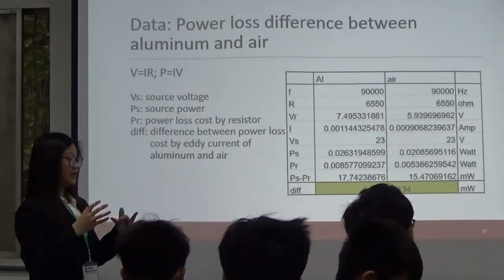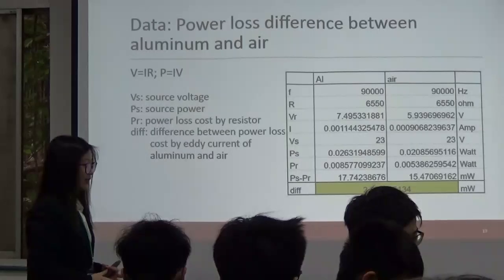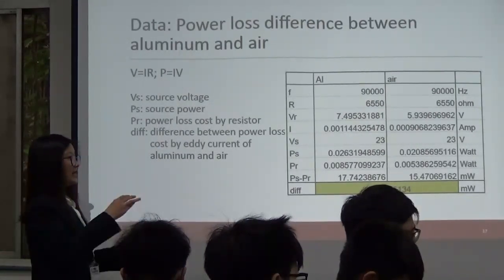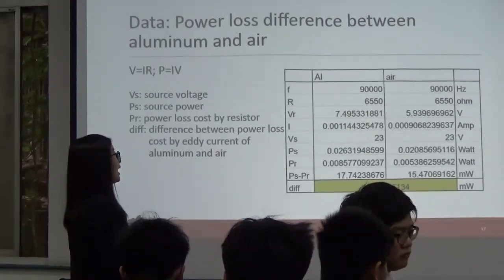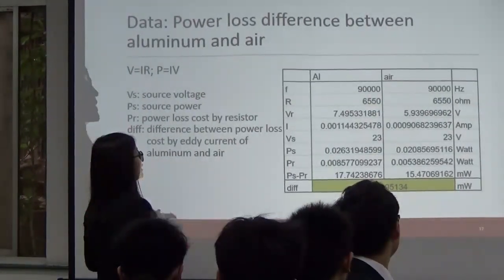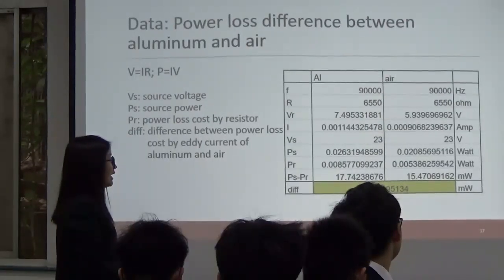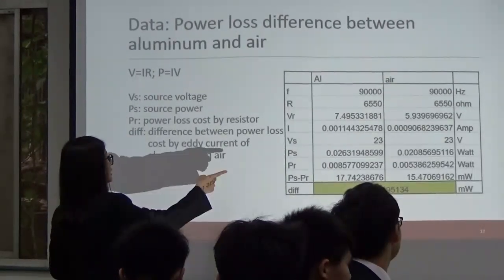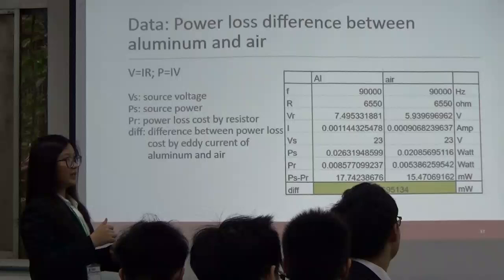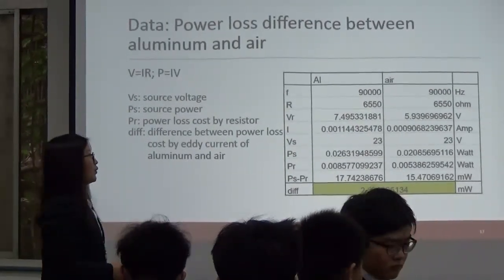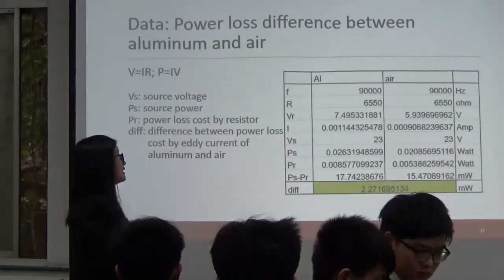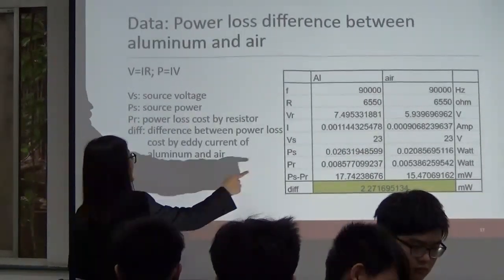So we get the number first, and then we divide it by the square root of 2 to get the effective voltage. And then we divide VR by R, and then we can get the current. And then we have the source voltage. We get the source voltage from the oscilloscope, and then we multiply I and the source voltage to get the source power.